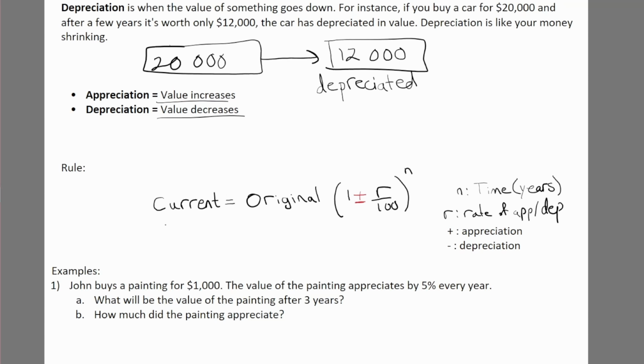Firstly, we've got the current value of the item or the object, and this is the original value of the object, is equal to the original multiplied by 1 plus or minus r over 100, to the power of n, where r is the rate of appreciation or depreciation, and n is the time, mostly in years. As you can see here, the rule has a plus and a minus. We're going to use a plus when we're dealing with appreciation and a minus when we're dealing with depreciation.